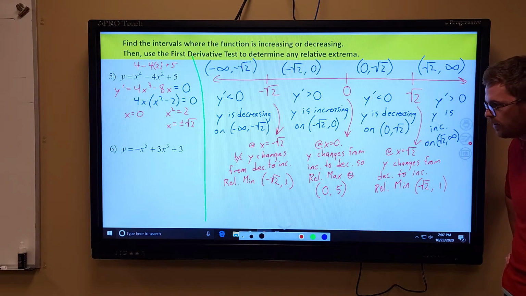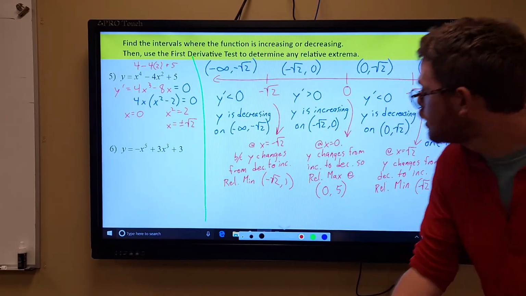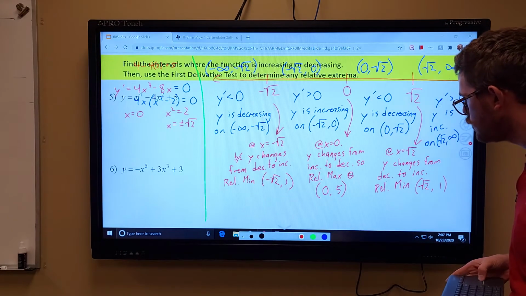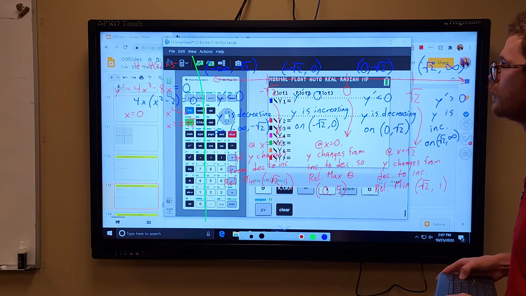All right, you taking a look at it? You see it? All right, let's look at this on the calculator. Let's take a look at the calculator. I should have cleared it out.